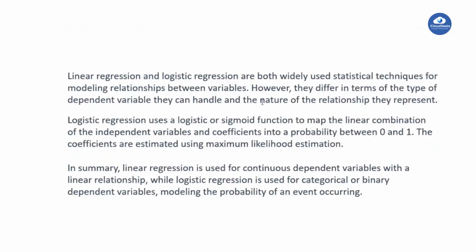Previously, if we have the house price, are we able to classify whether the price is more than 1 lakh or less than 1 lakh? No. Based on the area, number of bedrooms, and square feet area, the house price can vary from 1 lakh to 10 lakhs, 10 lakhs to 1 crore, 1 crore to 3 crores, like that.